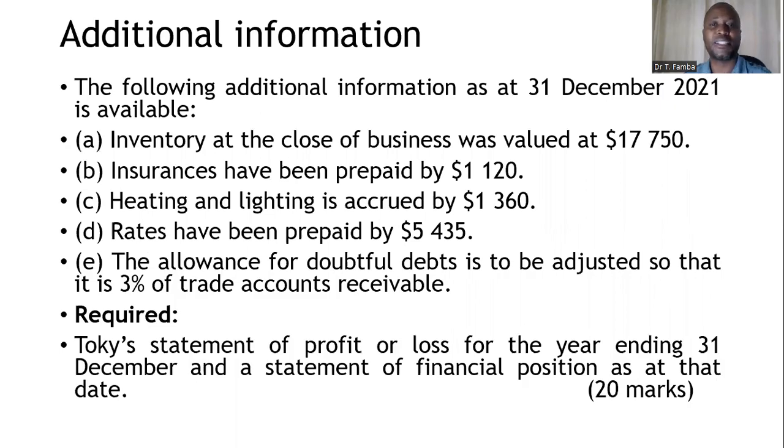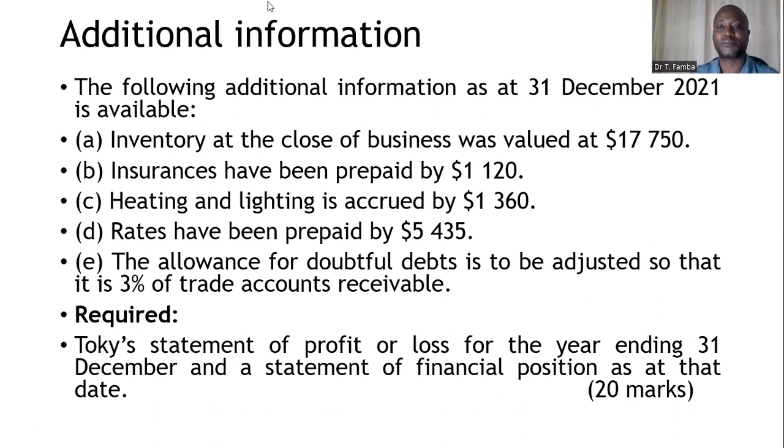Now, the following additional information is available. This is what I was saying, that when we are given information, we need additional information. This is very important information, because this is where we are going to come up with our adjustments.